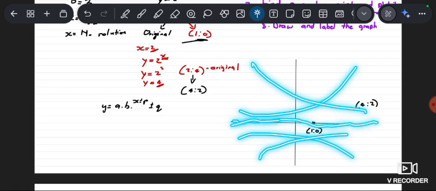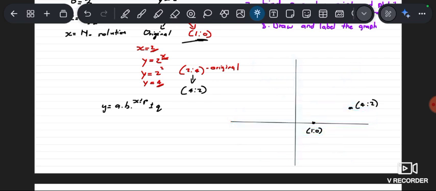But since we're dealing with inverses, what was the asymptote for the original? It was the x-axis. So for the inverse, it must be the y-axis. So you must know that our graph must never touch this point over here.